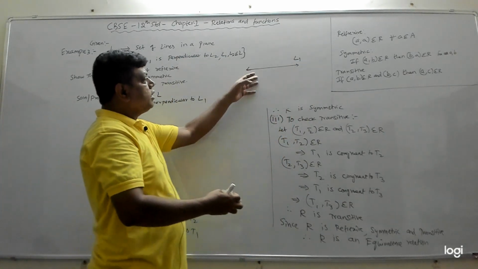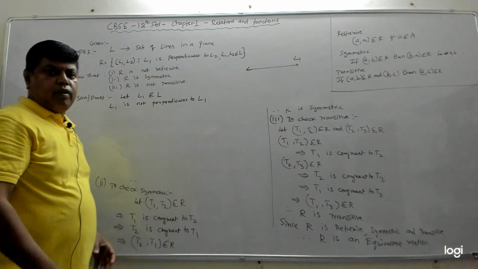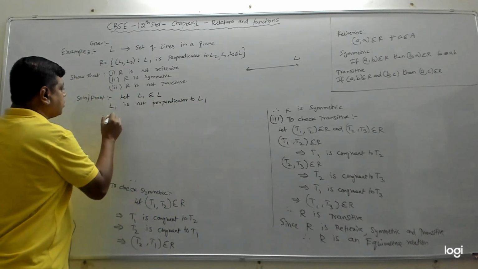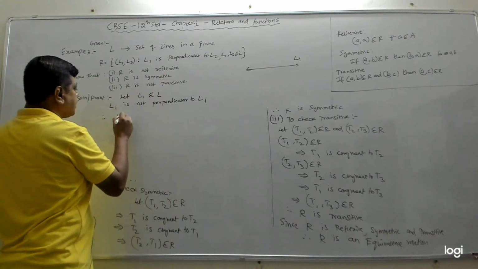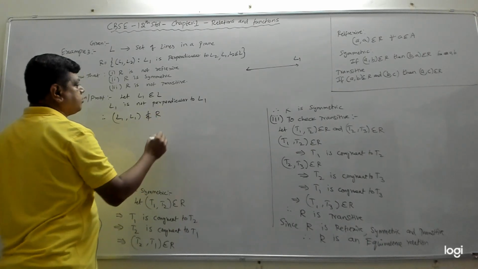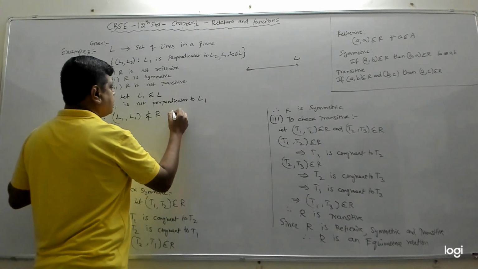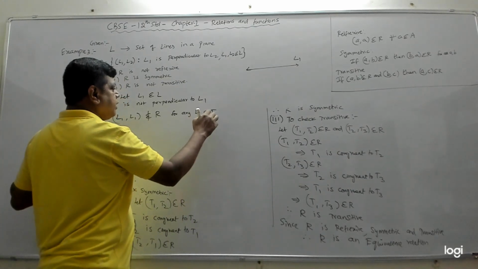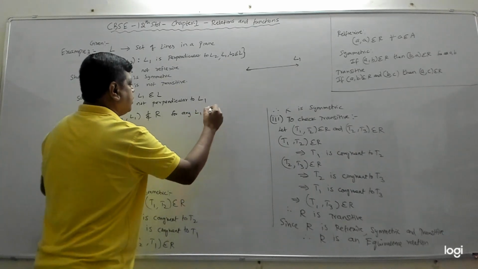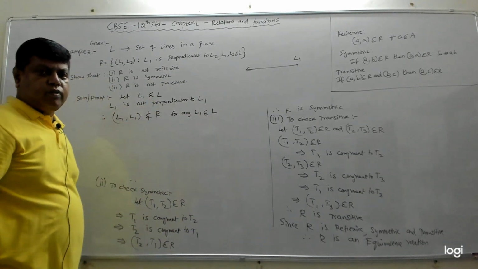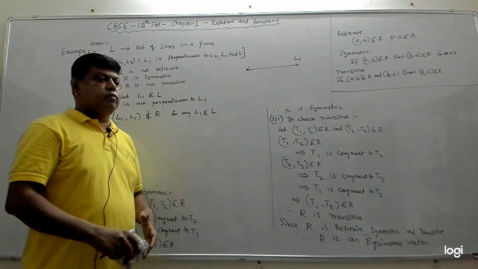So L1 is not perpendicular to L1. Therefore, L1 comma L1 does not belong to R. For any line L1 from L, you cannot say L1 is perpendicular to itself.